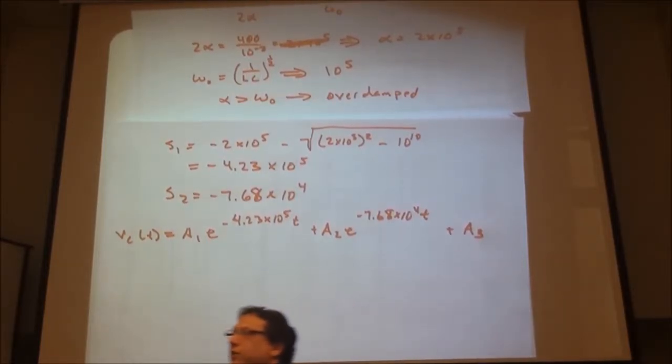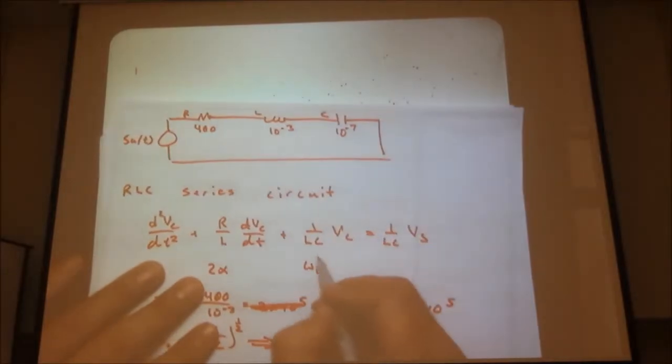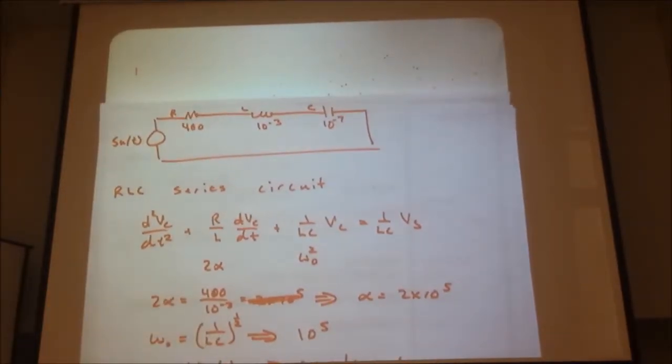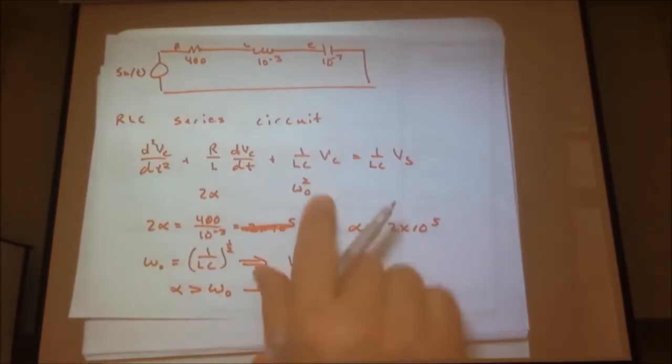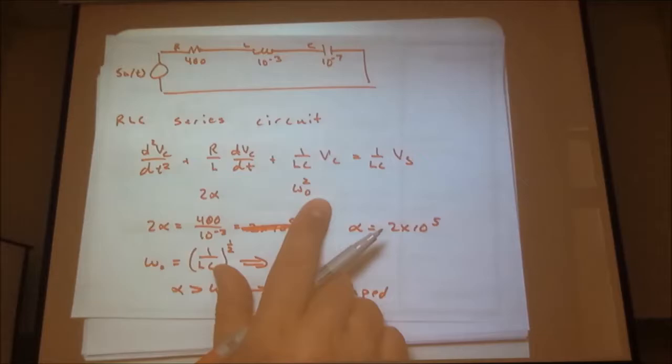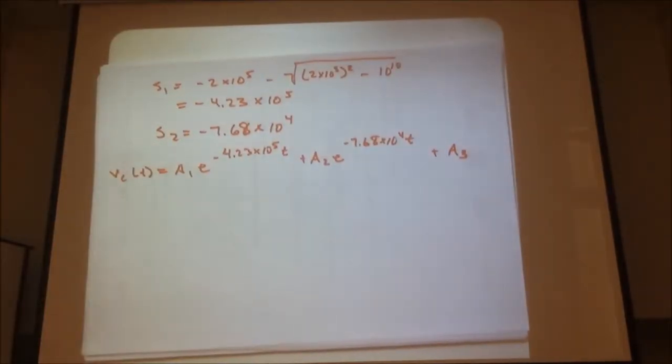What's the voltage across the resistor? Yeah. When you found omega naught, where did the square root come from? It's omega naught squared. Did I not write that? Ah, sorry. I left off my square here. 2 alpha plus omega naught squared. Did I do that before?